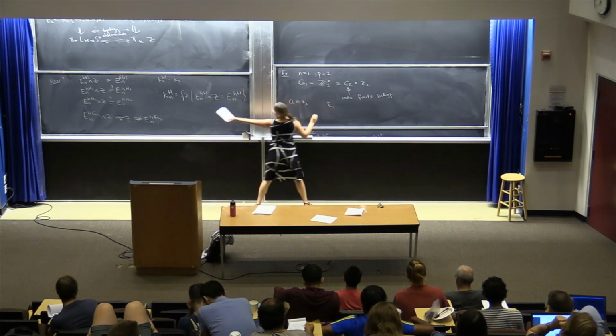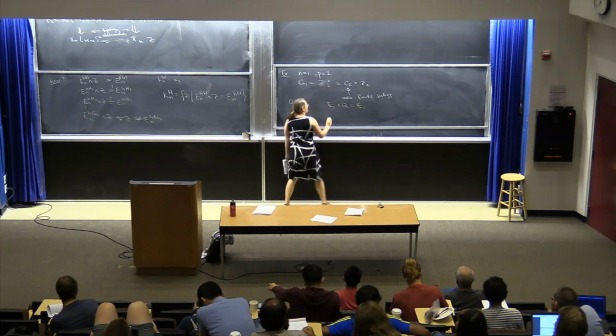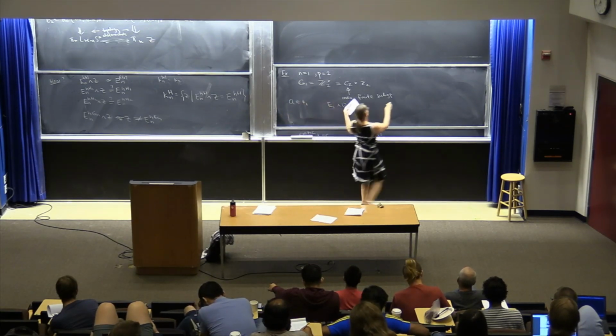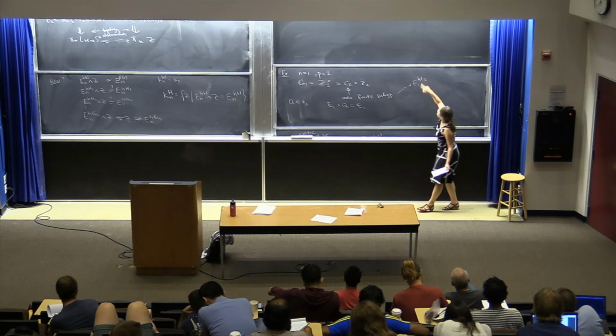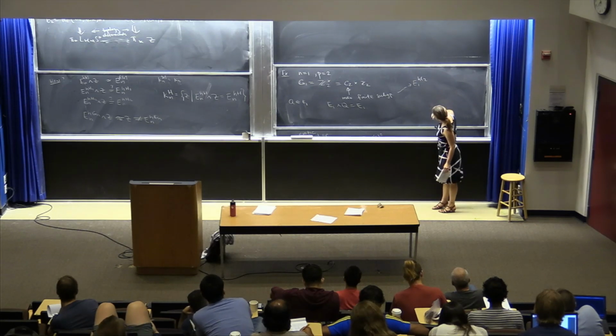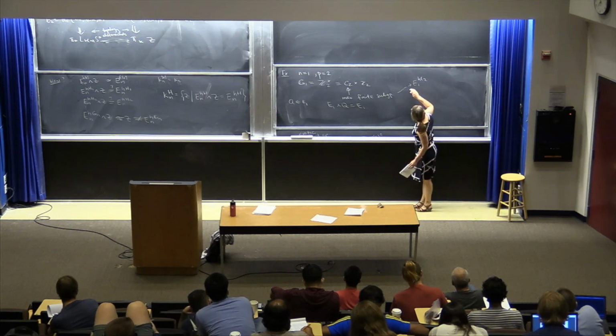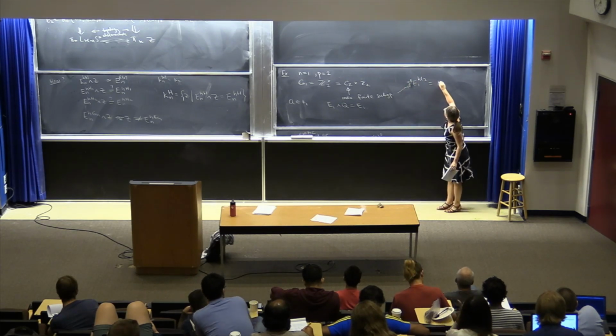Then, well, E1 smashed with Q has to be E1. But how about we take the fixed points of E1 under the action of this maximal finite subgroup? Well, that's a spectrum. It's related to real K theory. It is in particular 8-periodic.